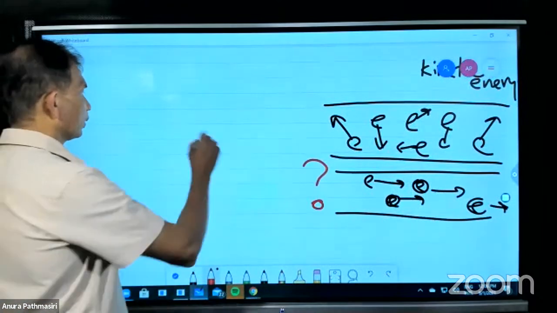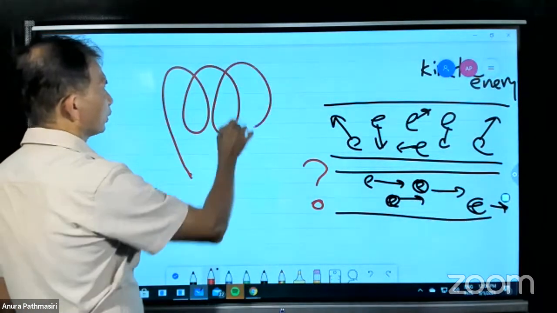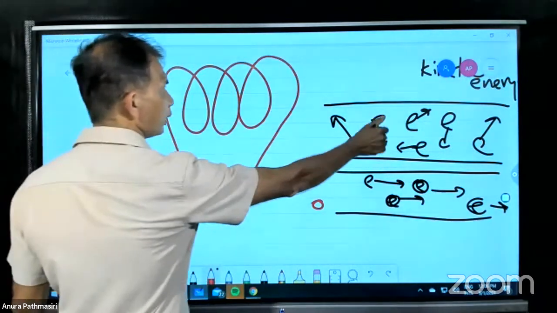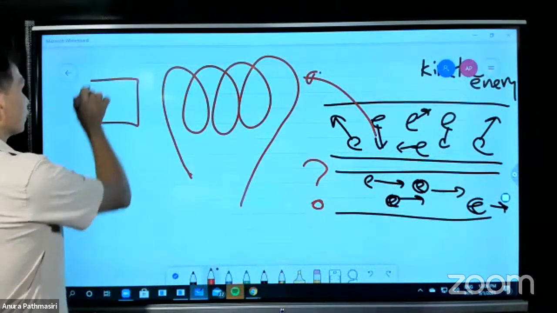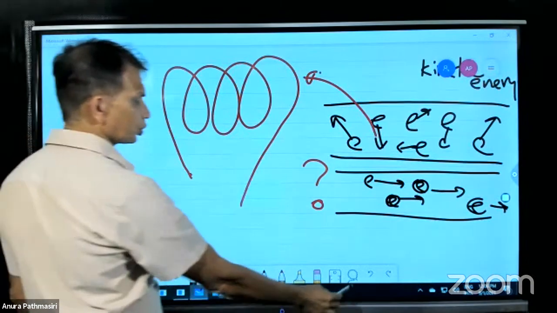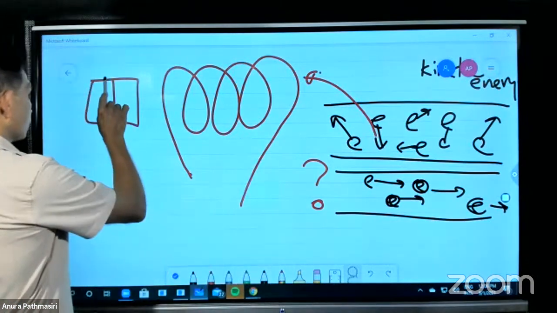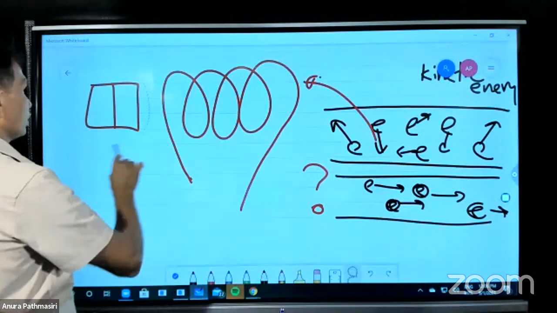One: there should be a conductor with free electrons and a magnetic force. This magnetic force should be changing.